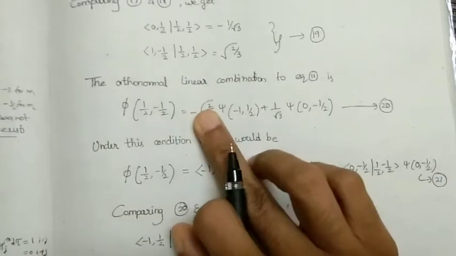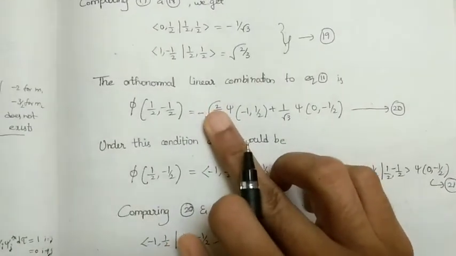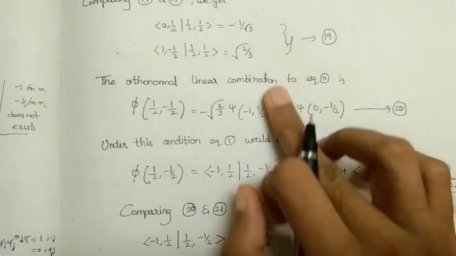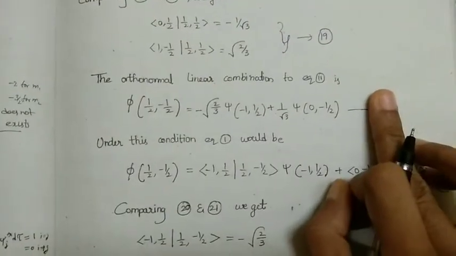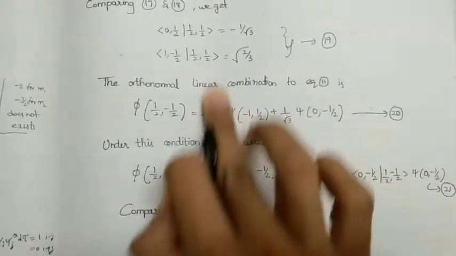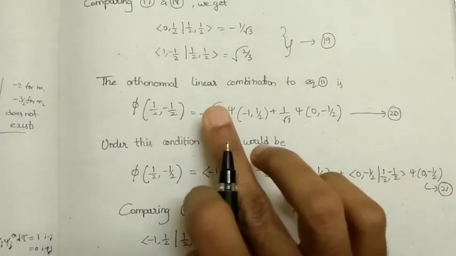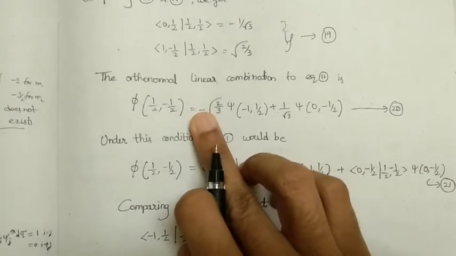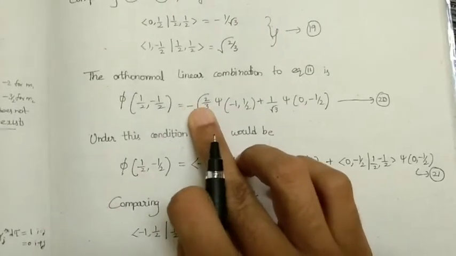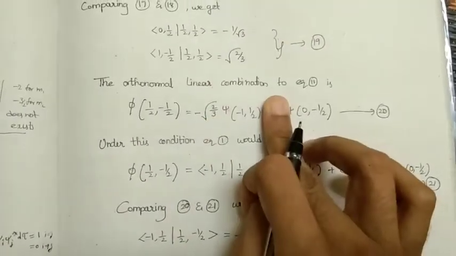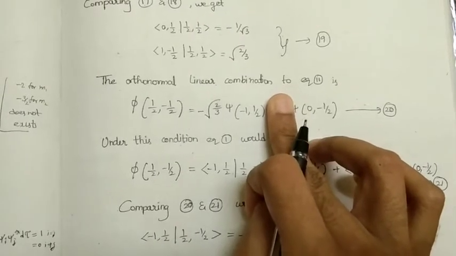So the corresponding coefficients, when multiplied and added, should give us 0. In such a manner these coefficients have to be decided. If we keep a plus here, they won't cancel, and we would get root 2 by 3 plus root 2 by 3, that is 2 root 2 by 3.